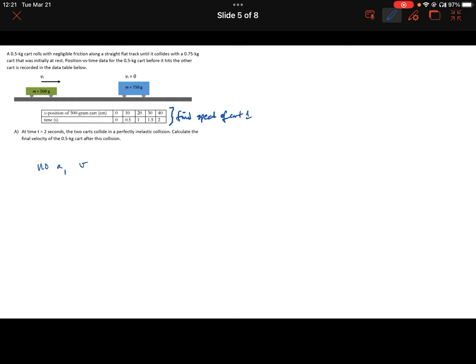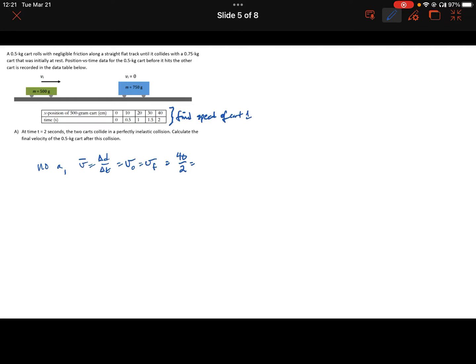And with that information, it's pretty easy to recognize that with no acceleration, the velocity is going to be displacement divided by time. That's the average velocity, but that's the same as the initial velocity and the final velocity, because there's no change in velocity, no acceleration. So that's going to be 40 centimeters in 2 seconds.